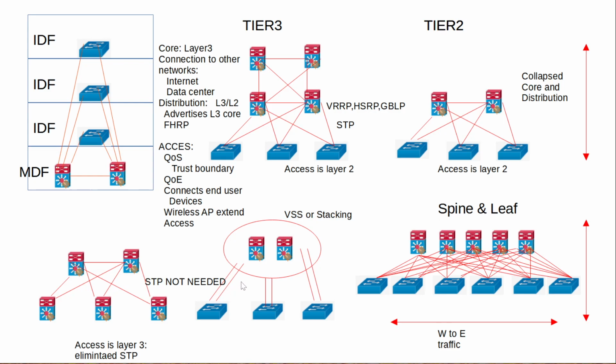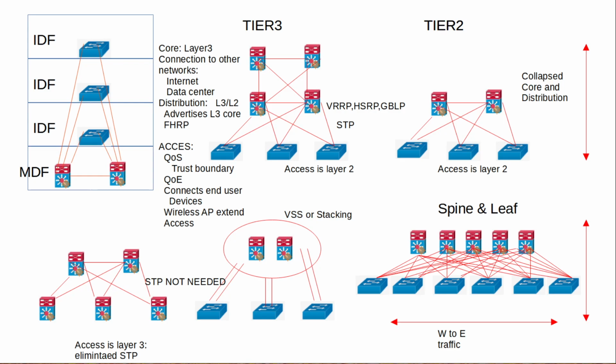The other option you have is perhaps using a virtual switching system, or stacking technology. With these technologies, separate switches are connected to each other in such a way that they believe they are a single big switch.